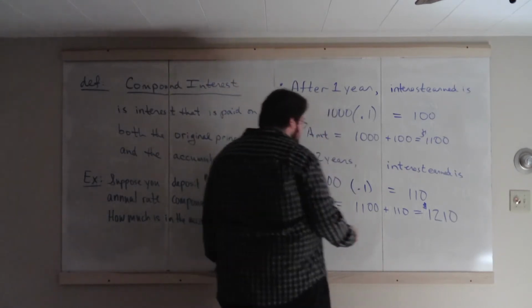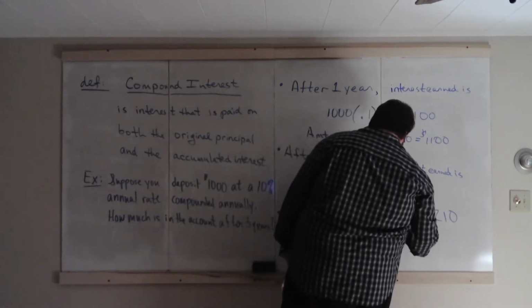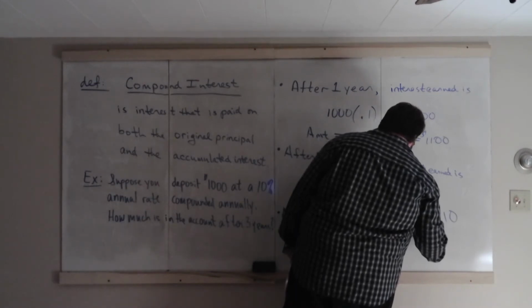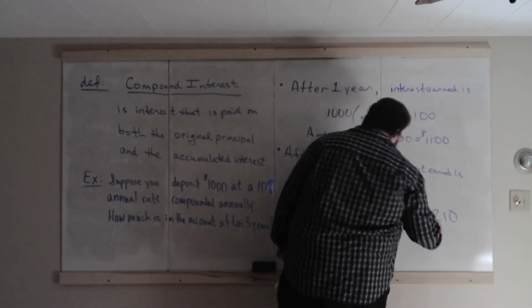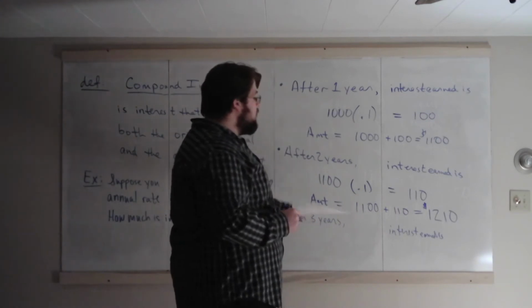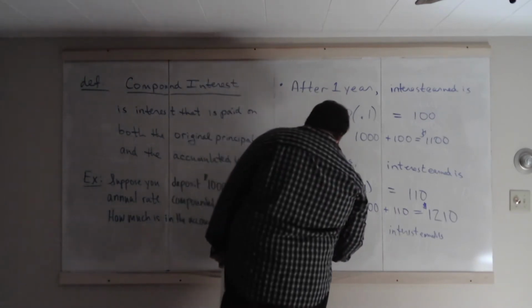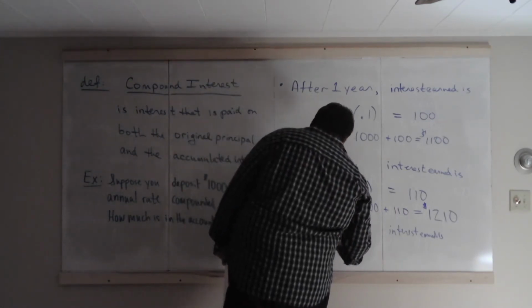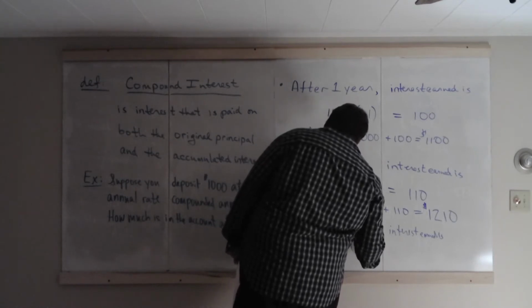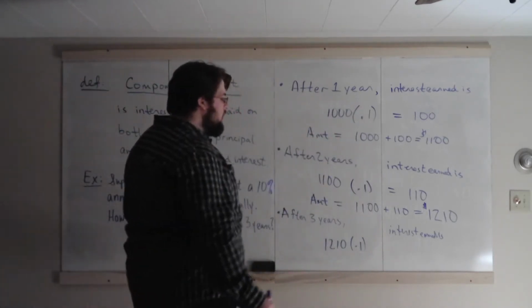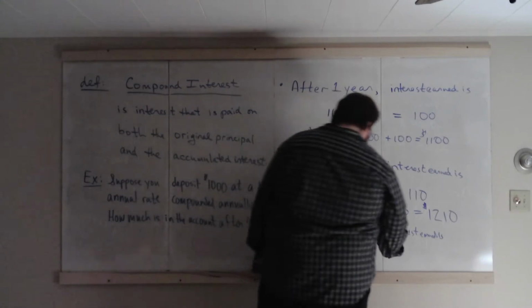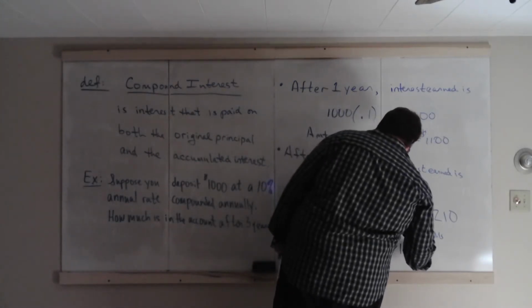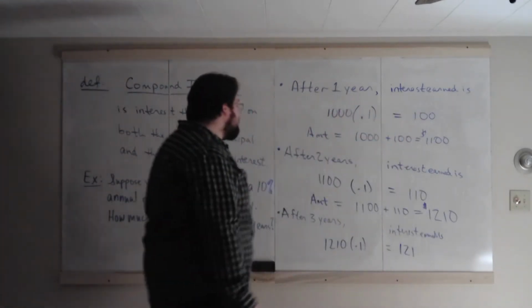So after 3 years, interest earned is, what's the interest earned? Well, at the beginning of year 3, this is compound interest, you have $1,210. It earns at a rate, again, of 10%. 10% of 1,210 is 121.